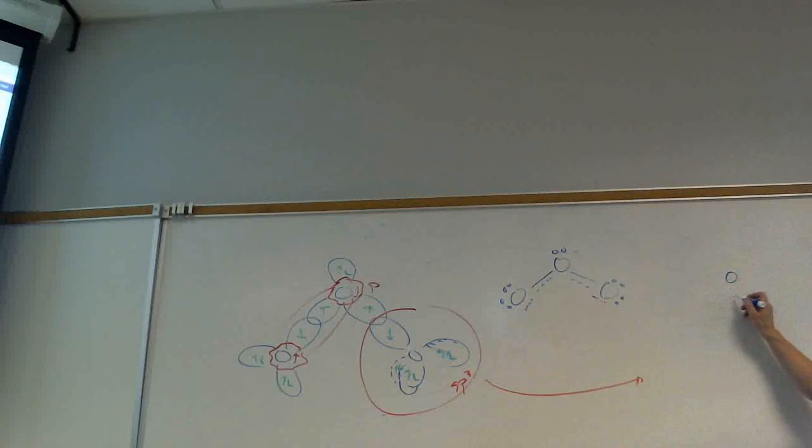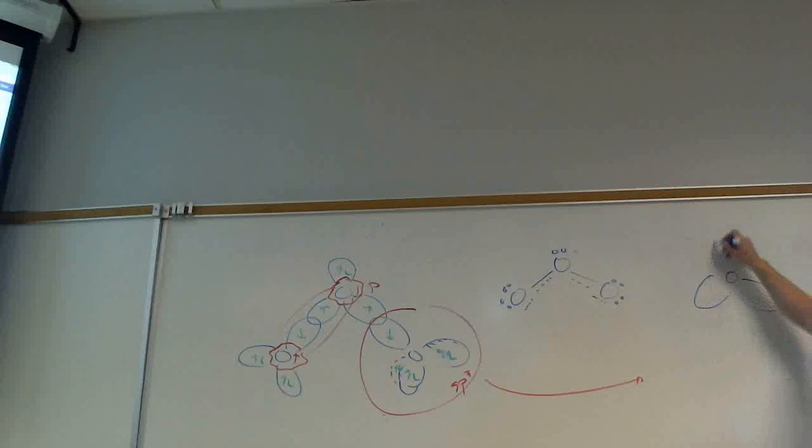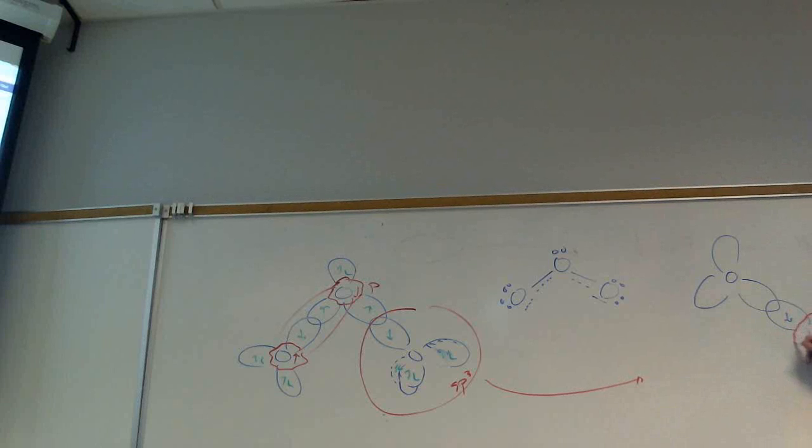If we hybridize it sp2, it doesn't seem as stable because of the repulsions here. Because what's going to happen with that extra lone pair? The extra lone pair now is going to go into the p orbital. The lone pair? Yes. It has 3 lone pairs, right?